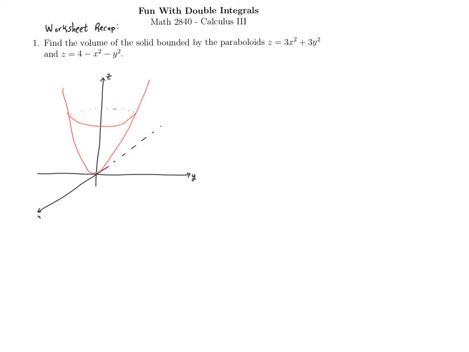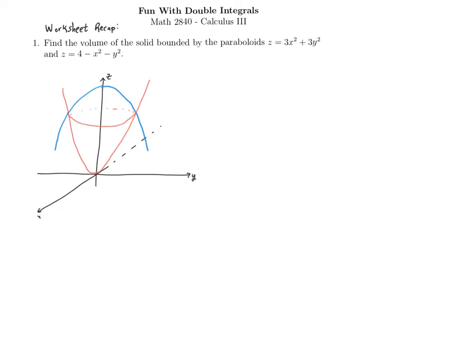So roughly speaking, it looks something along these lines. And I'm not going to sketch the entire thing, as from the portion that I've sketched here, we can clearly see this bounded solid.